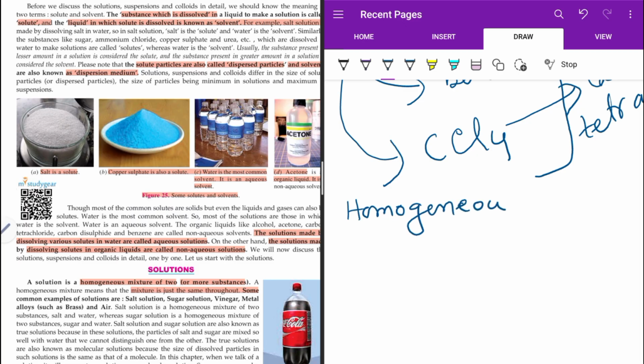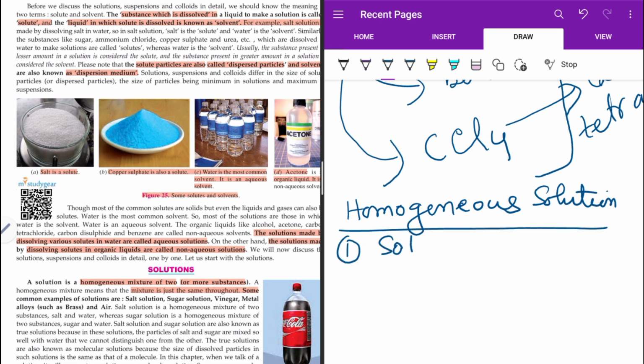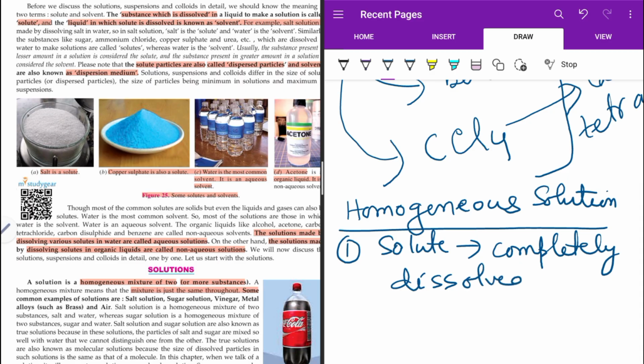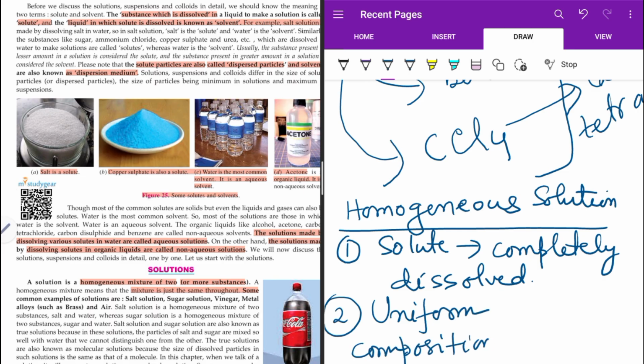The solute is completely dissolved in the solvent, and another thing is that it has uniform composition throughout its solution.